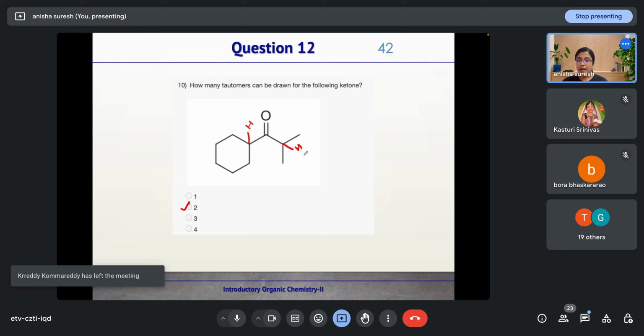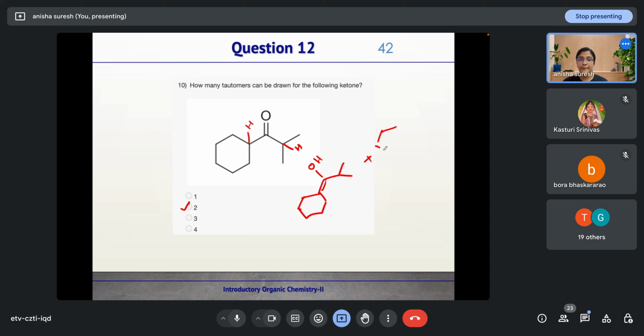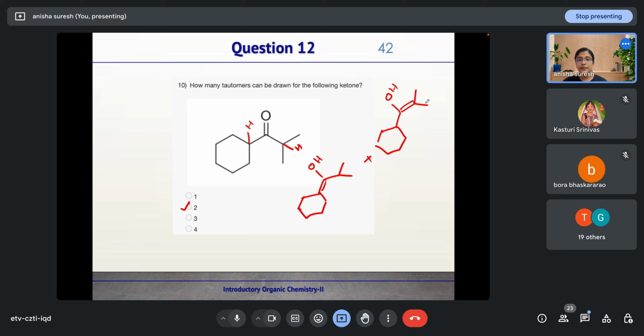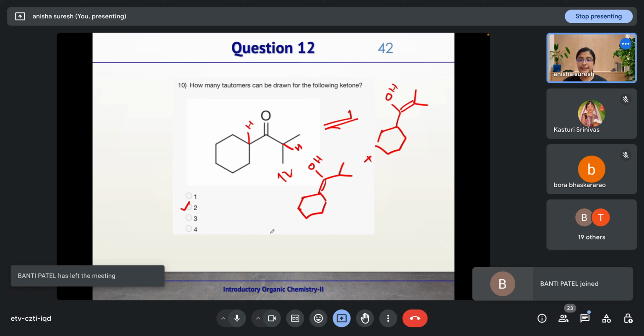So abstraction of these will result in the formation of two enols. So this will be one enol counterpart plus this will be the second one. So these two keto-enol tautomers will result.